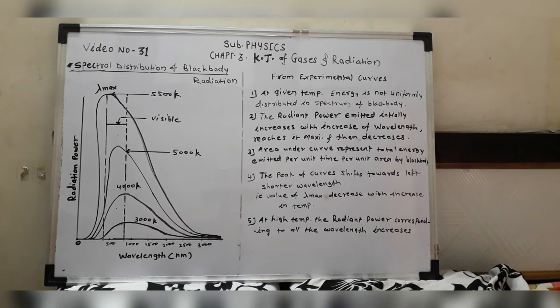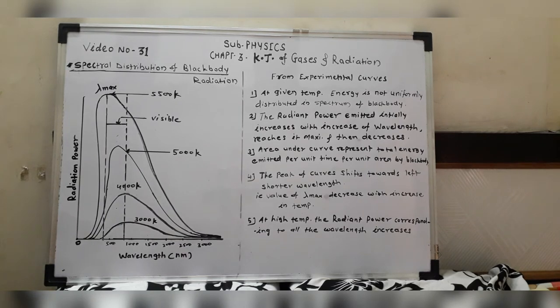The second observation is that the radiant power, that is the radiant energy emitted per unit time per unit surface area, initially increases with increasing wavelength, reaches its maximum value, and then again decreases, as shown in this figure.